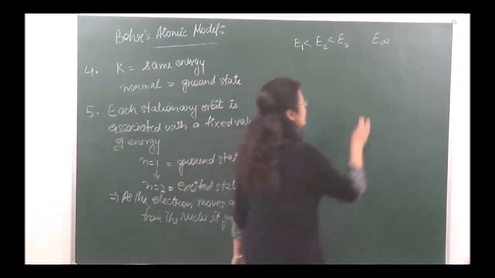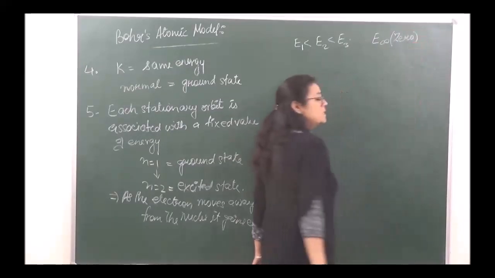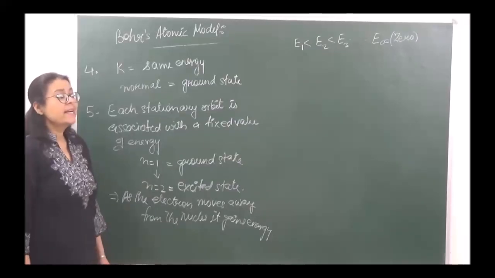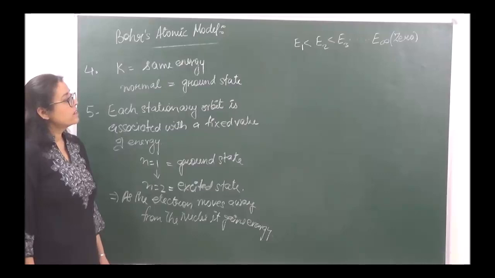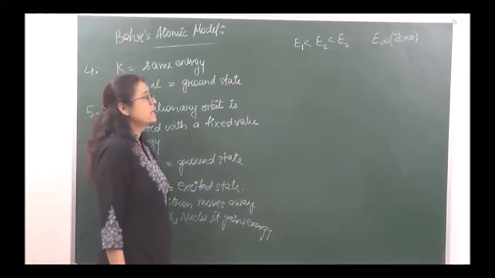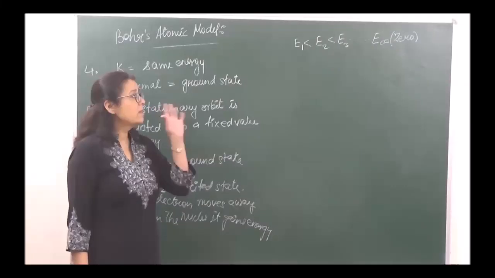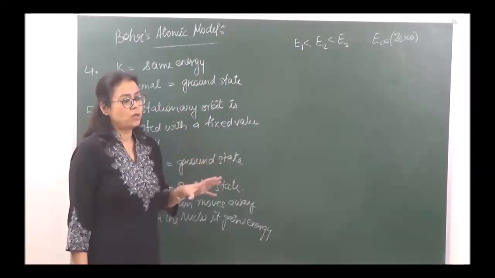The energy of the electron at infinity is taken to be 0, where it is not having any attraction towards the nucleus. So the energies keep on increasing from E1 to E infinity, and at E infinity the energy is 0, where the electron has no attraction towards the nucleus.